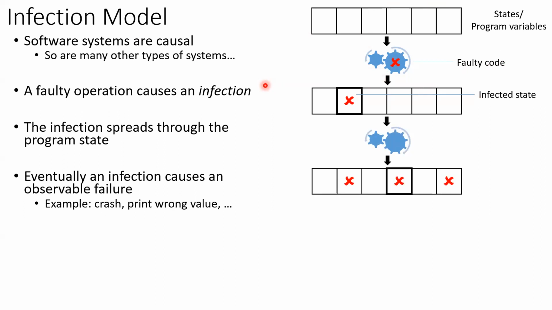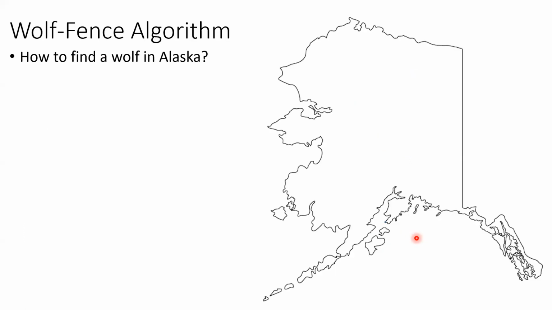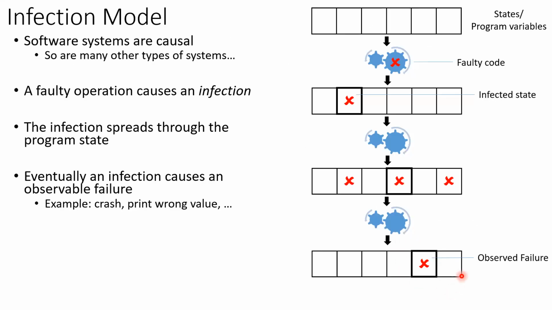Then as the program continues to execute, this infection will spread and will finally result in something observable that's available for you to see. So debugging means that you have this observed failure and you need to find the faulty code from up here.